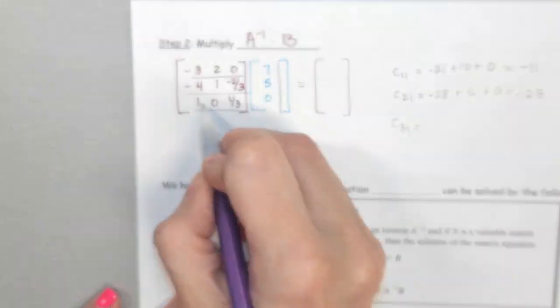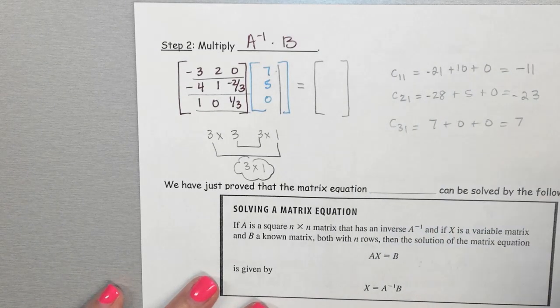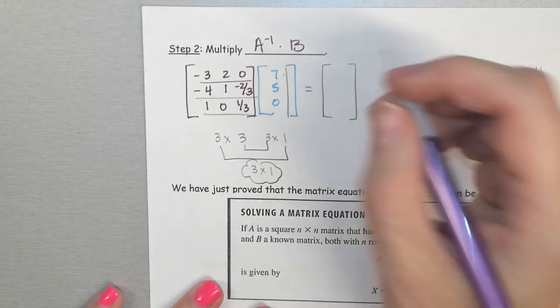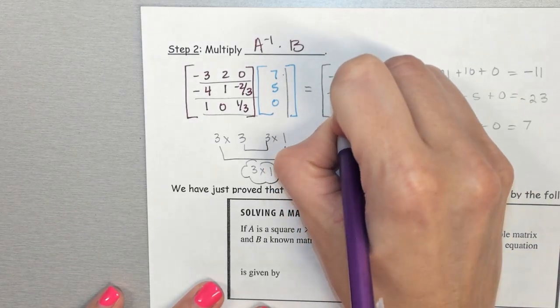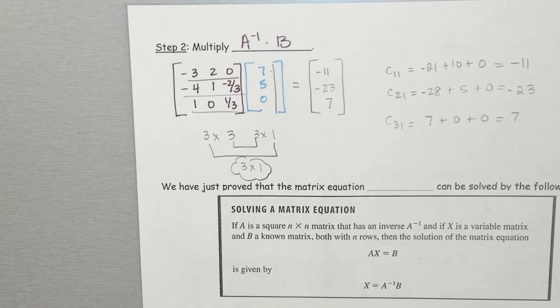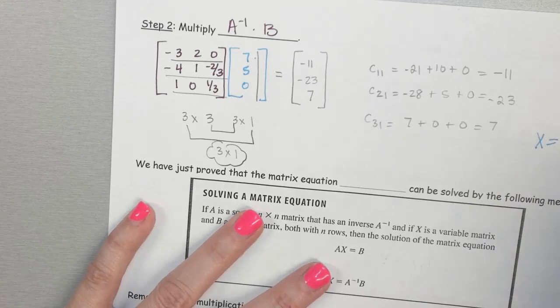And then the last one, we have 7 plus 0 plus 0, which is 7. Okay, so negative 11, negative 23, and 7. That is going to be your final answer. So x equals negative 11, negative 23, and 7.